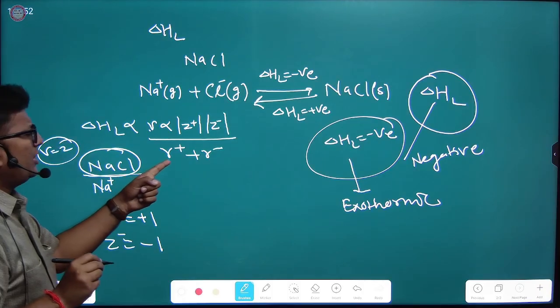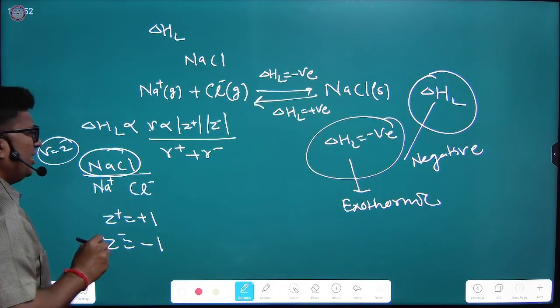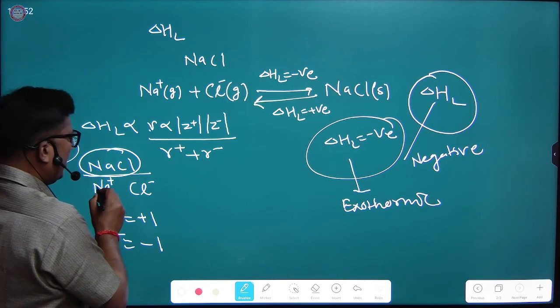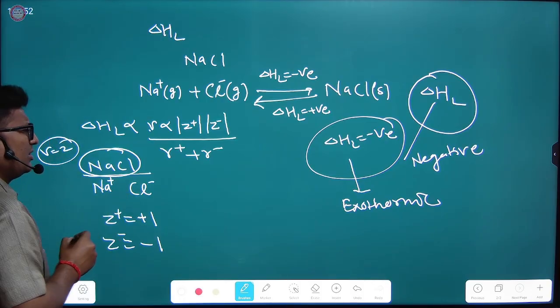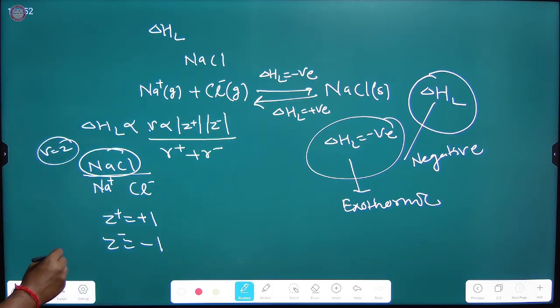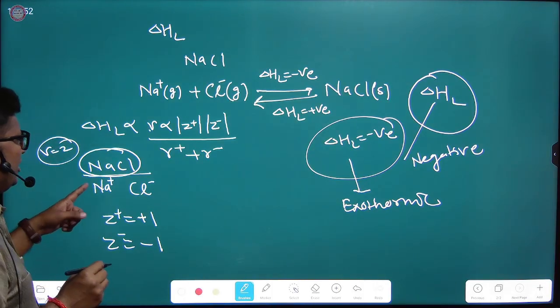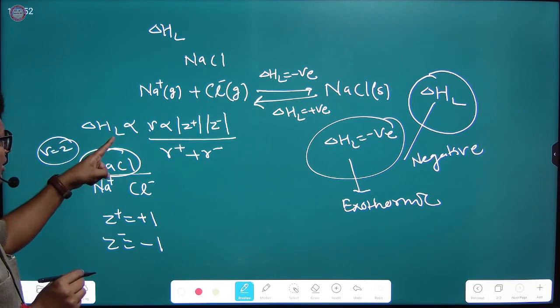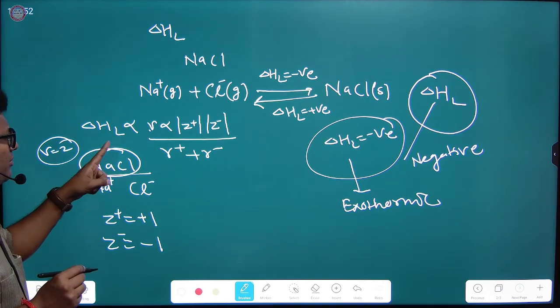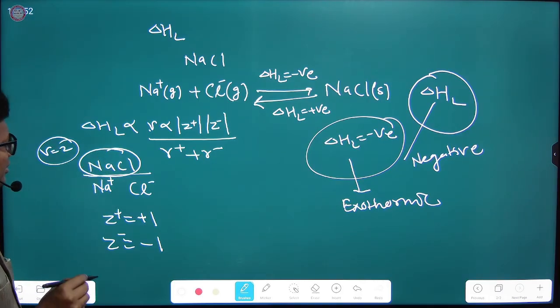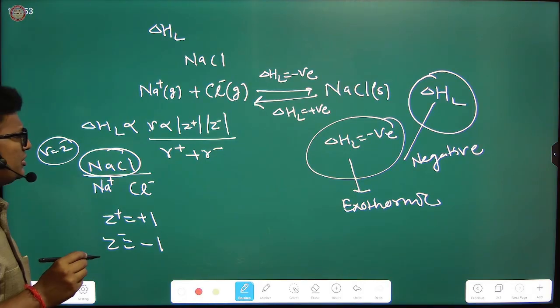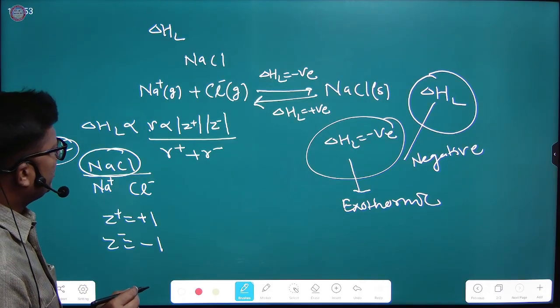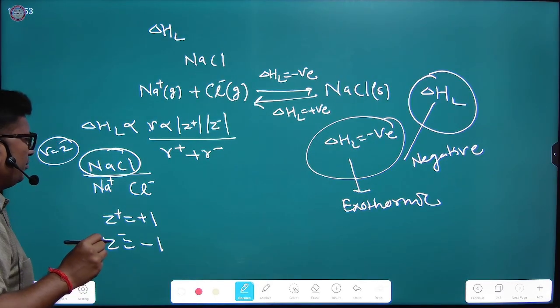R plus plus R minus is the inter-ionic distance of Na plus and Cl minus. So if we have the inter-ionic distance, the charges on cations and anions, and the number of ions in a unit formula, then we can estimate the lattice enthalpy of any ionic compound through the application of this equation.